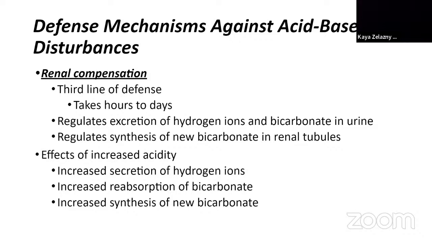We're going to try and increase the levels of buffer in our plasma. So we're going to increase our bicarbonate reabsorption, so keeping more of the bicarbonate that we already have in the plasma. And we're going to try and make some new bicarbonate. We're going to increase our synthesis of bicarbonate and pull that into the plasma as well, so that we can buffer out more hydrogen.